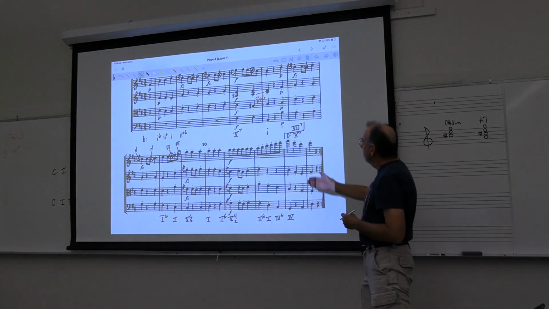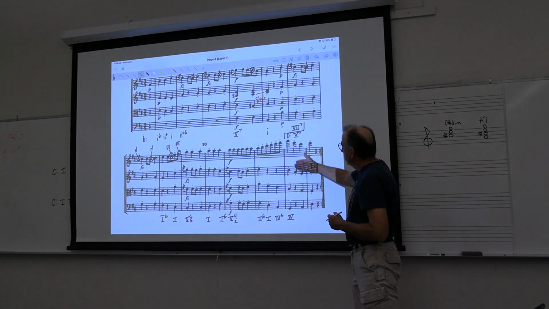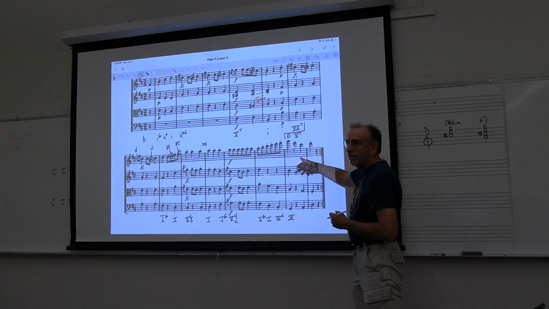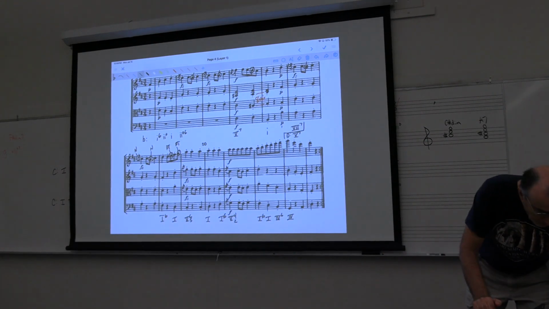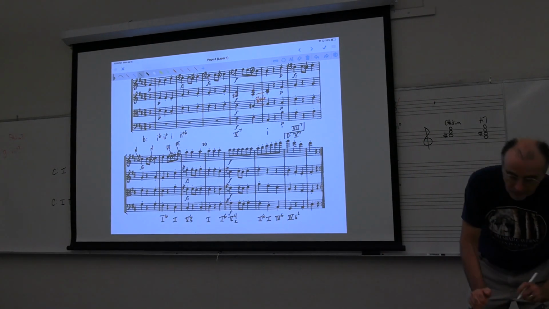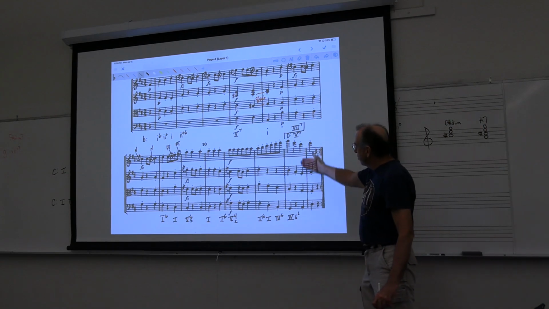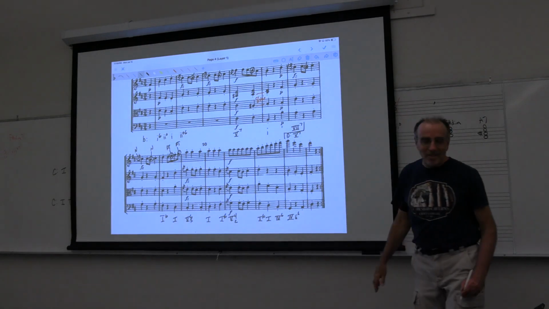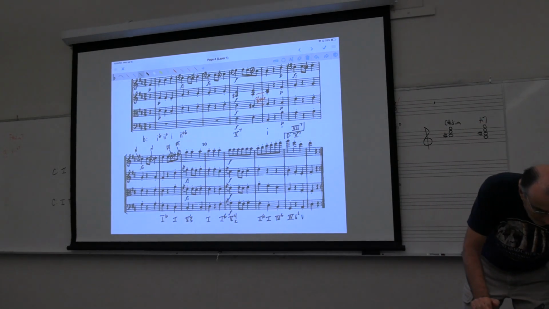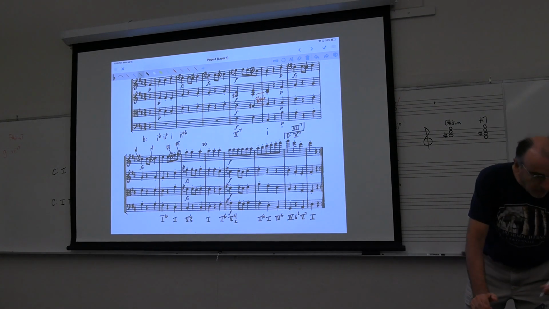And then this looks kind of 2-ish, right? The E and the G. So maybe a 2/6 there. But at least by the time we get to the end of this measure, we can say, thank God, 5/7, right? Something definite harmonically. And then 1.